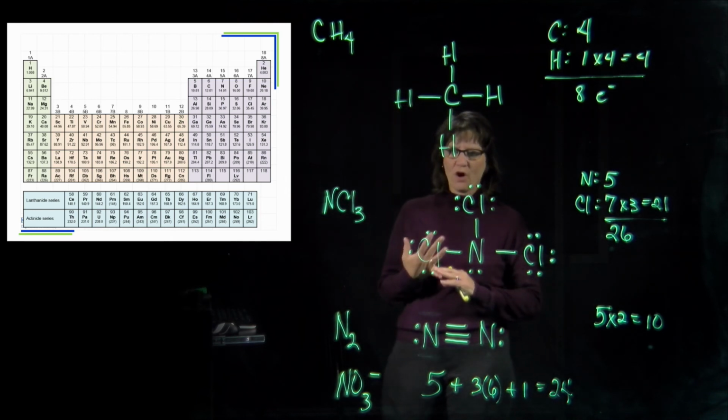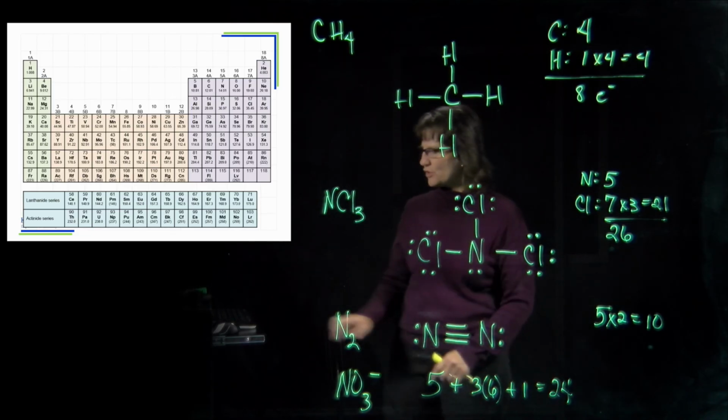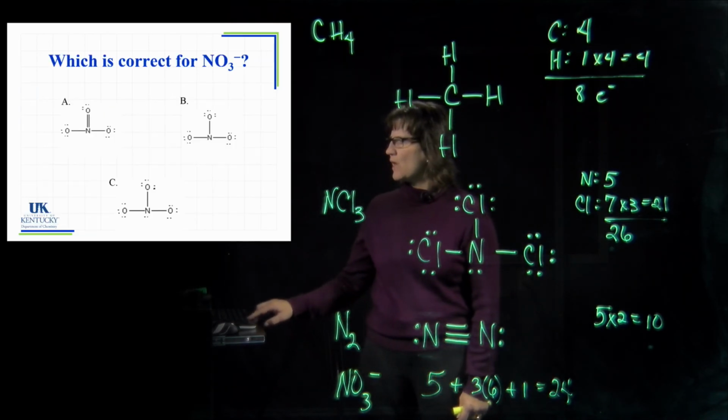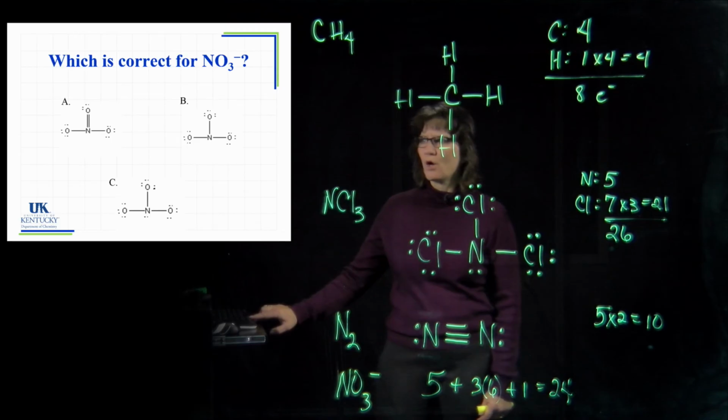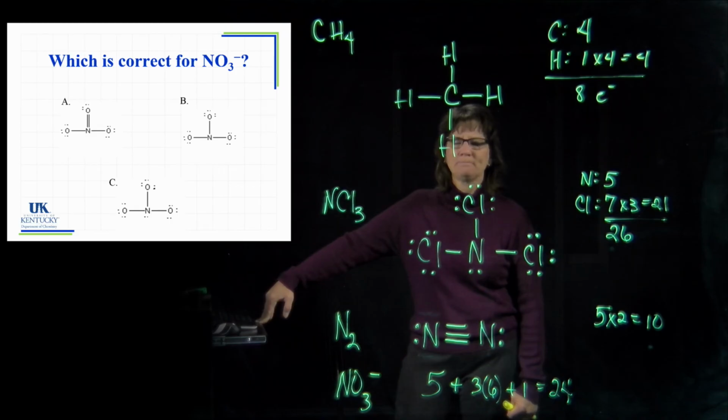You should have thought about how the connectivity occurs. You've got 24 electrons to work with, and I want you next to decide which one of those is the correct Lewis structure for NO3 minus.